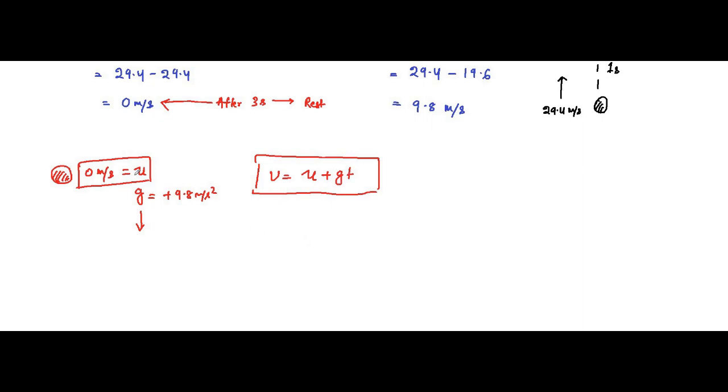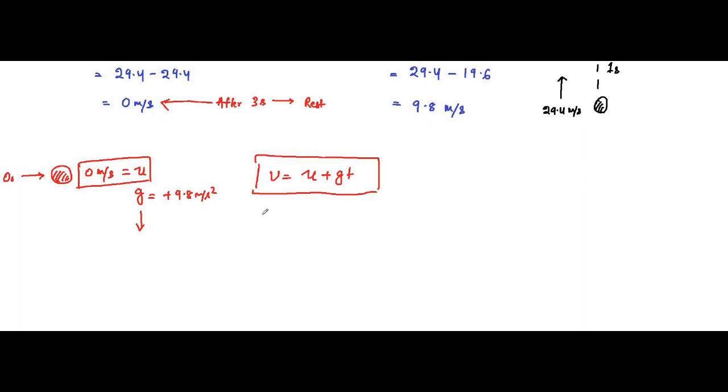Again, we'll trace the whole downward journey. Let's say this instant where the velocity becomes 0 is 0 seconds, t equals 0.